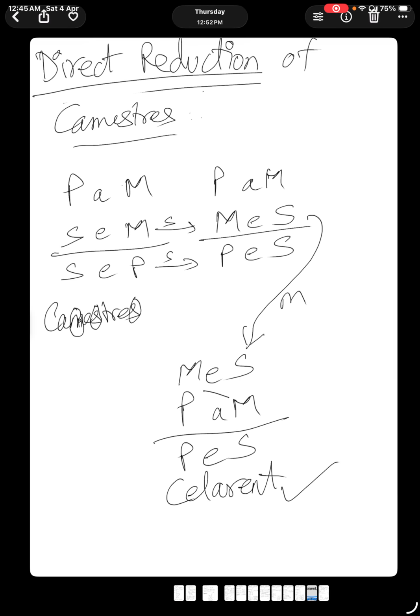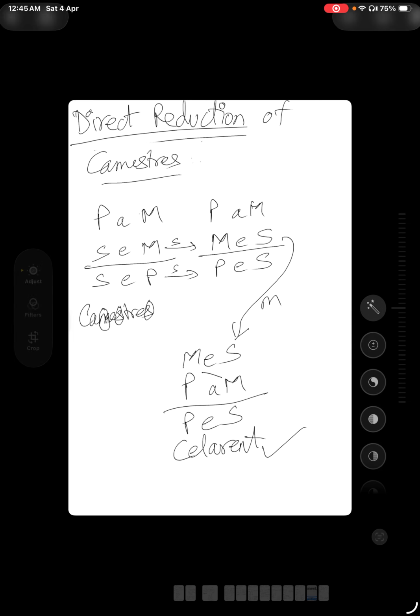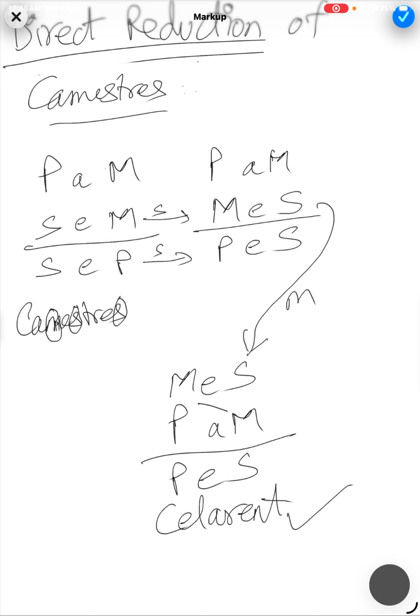Okay, now let's see a few examples. Direct reduction of Camestres. You'll be given just this, Camestres. Now, you'll have to remember which figure Camestres belongs to. So, we know that Camestres is second figure.